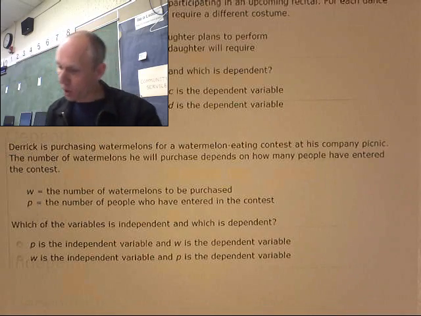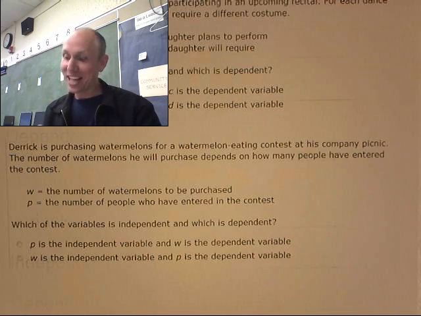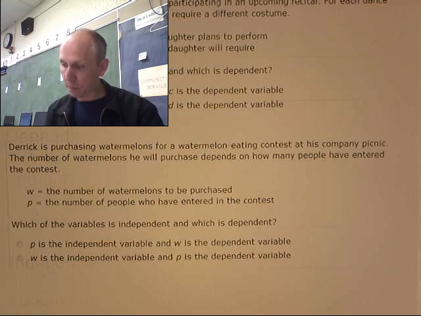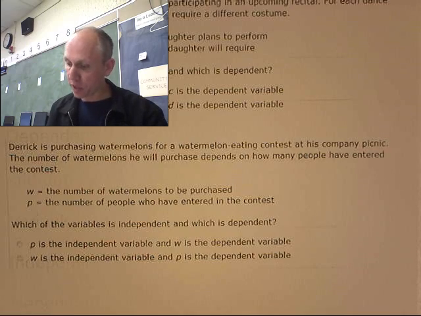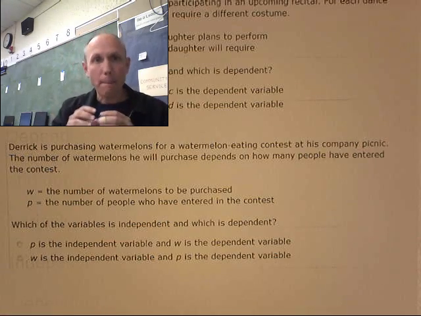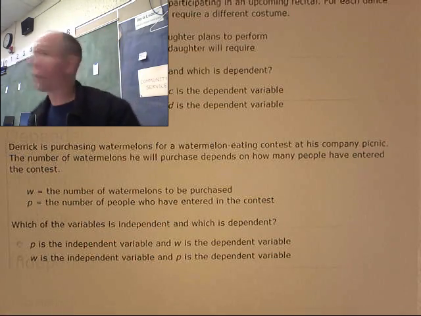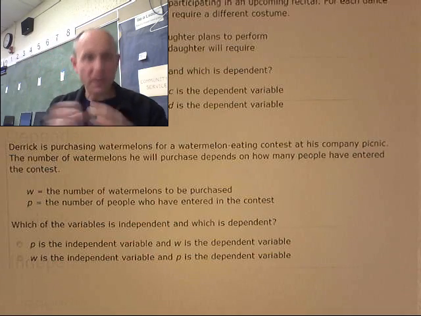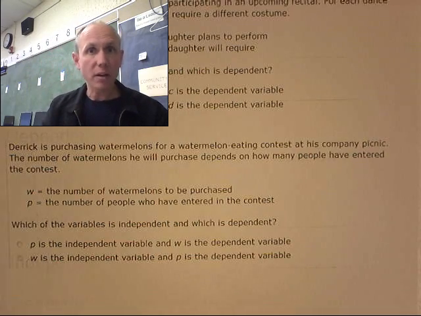Derek is purchasing watermelons for a watermelon eating contest at his company picnic. The number of watermelons he purchases depends on how many people have entered the contest. So, does he buy watermelons and then look around for people? Or does he find out how many people are going to be there and then figure out how many watermelons to buy?